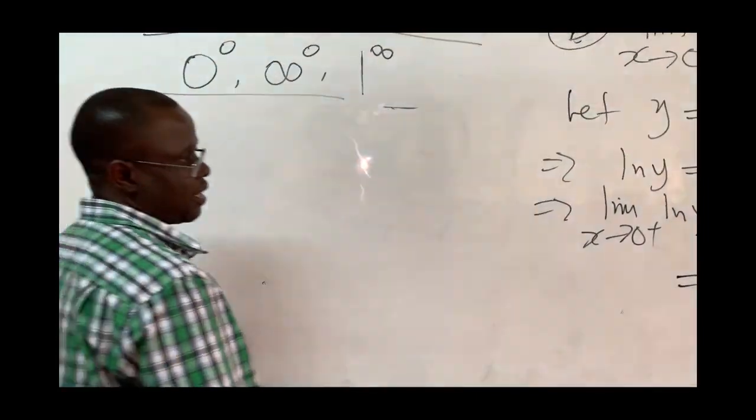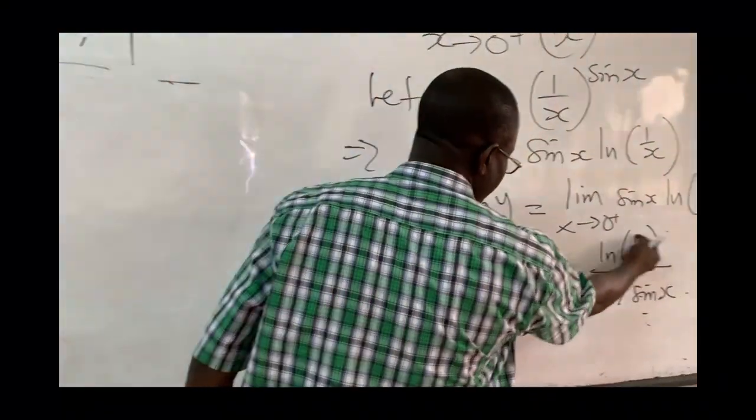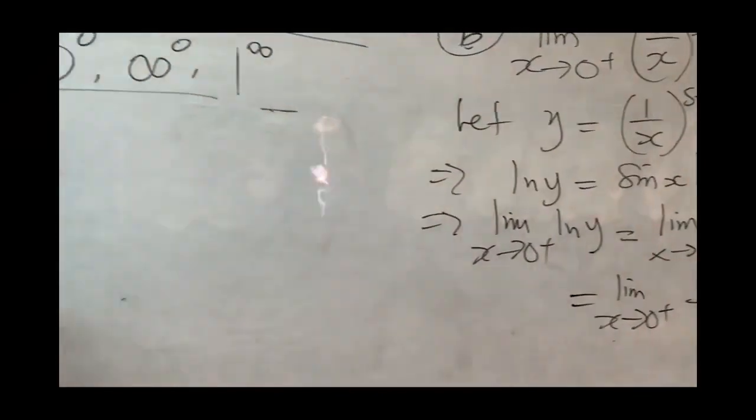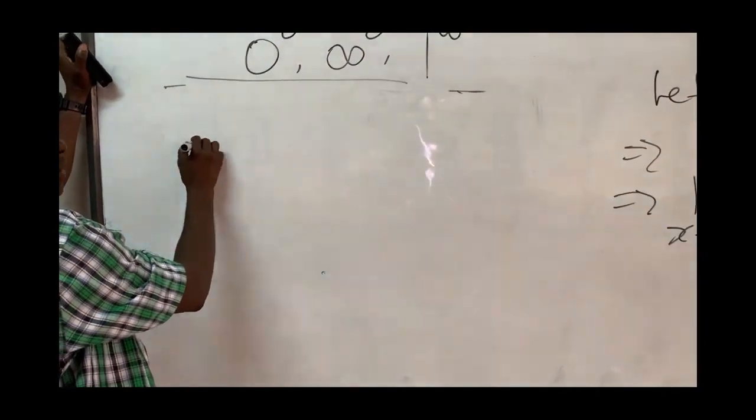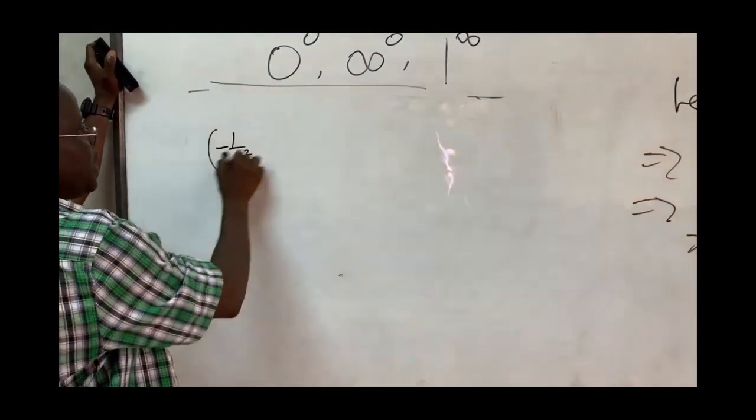We want to differentiate this guy here. The derivative of what is in there is minus 1 over x squared.